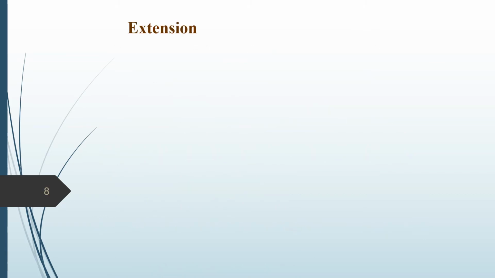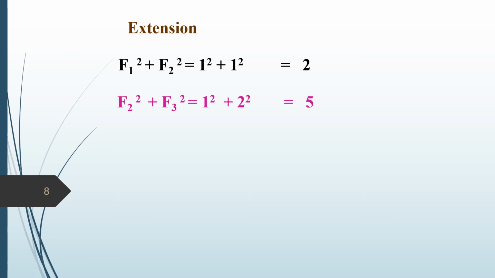For younger students, we can simplify this problem. The sum of squares of the first two Fibonacci numbers, f1 squared plus f2 squared, is equal to 1 squared plus 1 squared, 2. f2 squared plus f3 squared, the sum of squares of the second and third Fibonacci numbers, is equal to 1 squared plus 2 squared, which is equal to 5.